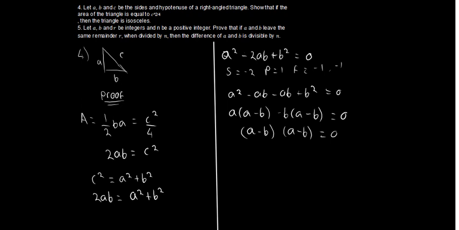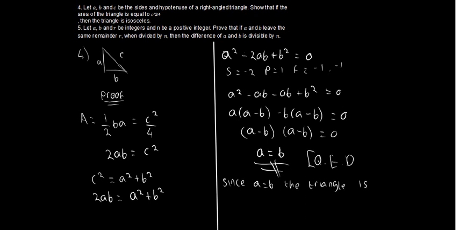Then we solve for any one of these. Let's just solve for a. If we solve for a, we have a is equal to b, like that. So hence we've made our proof there, right? Since A is equal to B, the triangle is isosceles.